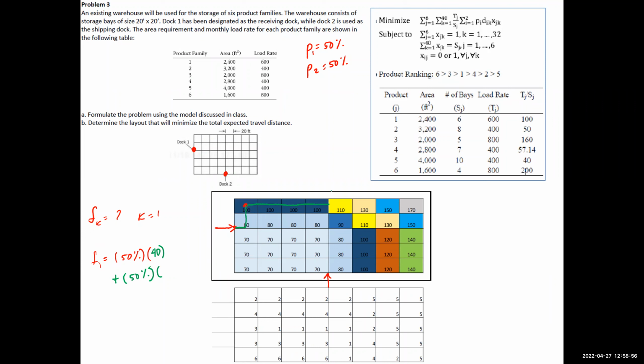So that's how much? This is 20 by 20, so 70, 70, 80, 100, 120, 140, 160.